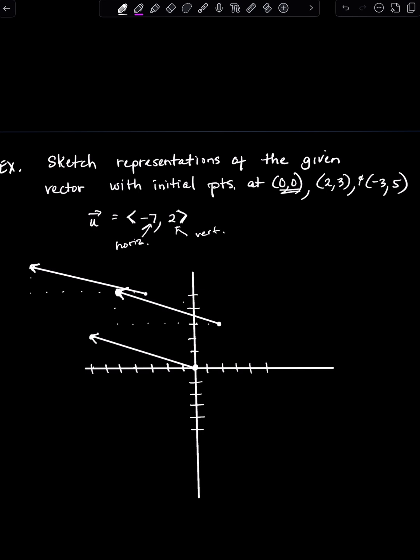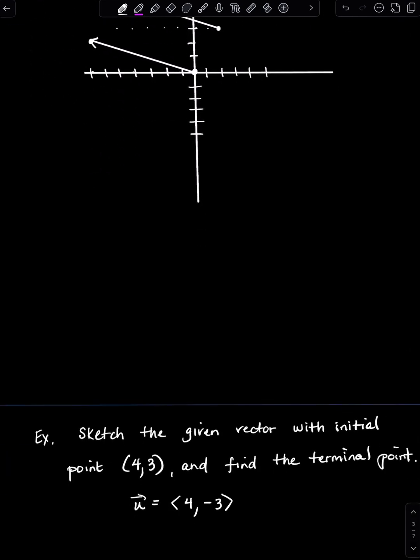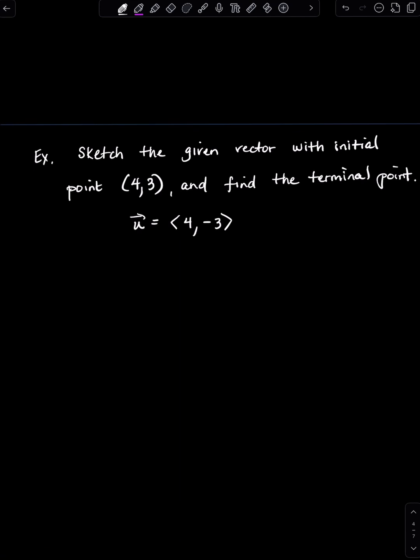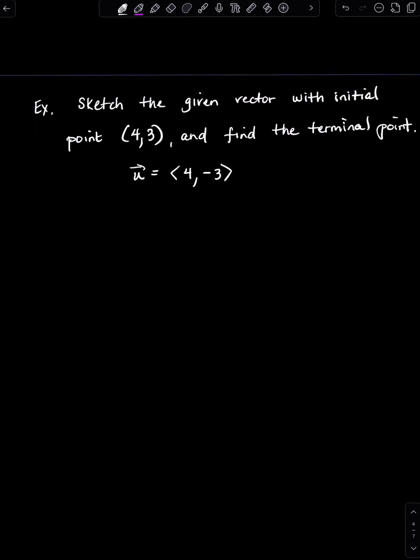Alright, let's keep going. This one says, sketch the given vector with the initial point 4, 3 and find the terminal point given component form. So let's sketch it and check it out. My initial point is at 4, 3.